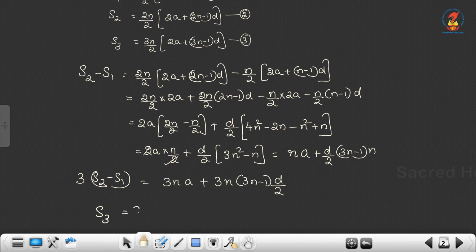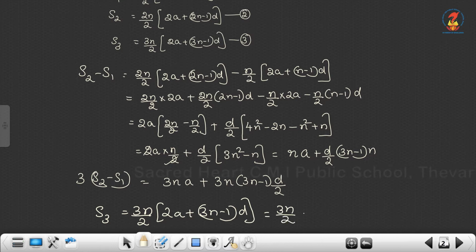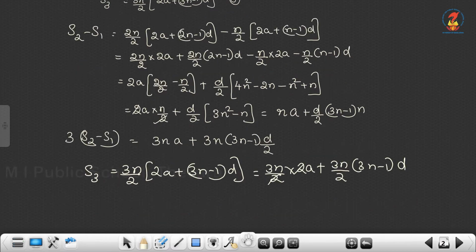S3 is equal to 3n by 2 into 2a plus 3n minus 1 into d. Open the bracket: 3n by 2 into 2a plus 3n by 2 into 3n minus 1 into d. 2 and 2 we can cancel.